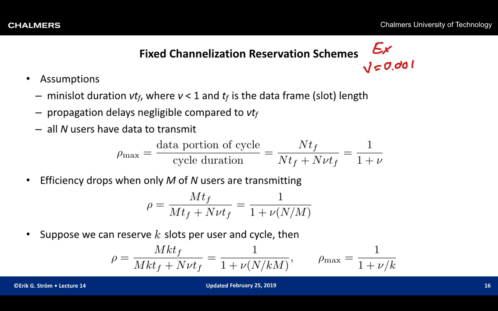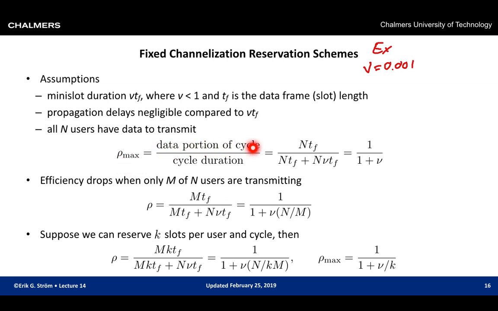Then, if we assume that the propagation delays are negligible compared with nu times TF, there is no need for guard intervals here, so we ignore those. Then if all end users have data to transmit, that gives us the maximum rho we can support with this system. And the maximum rho, what is that?